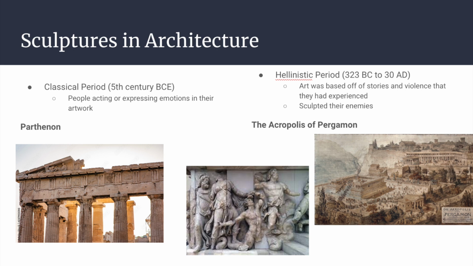On the other hand, the Hellenistic period, which spanned from the late 4th century to the 1st century, saw a departure from the idealized forms of the classical era. Hellenistic sculptures began to embrace more emotional and dramatic expressions, and they depicted scenes of intense passion and dynamic movement.